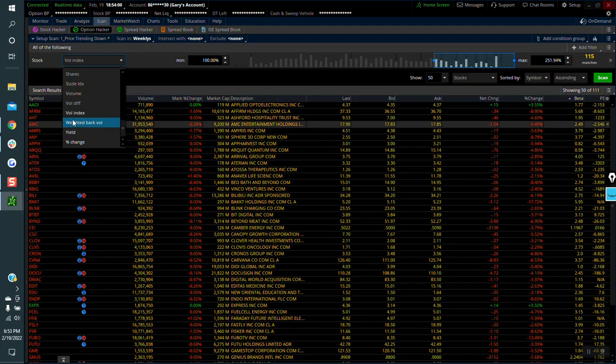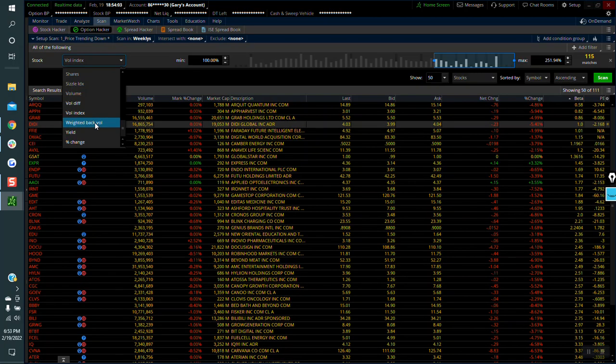So this weighted back end is measuring open interest, I think. I don't know for sure, but I'm pretty sure that's what it is. It's looking at open interest before we came into today, so this probably isn't even looking at the current day's volume. You'd have to look it up real quick, but I would venture to say it's taking into account the prior day's open interest.